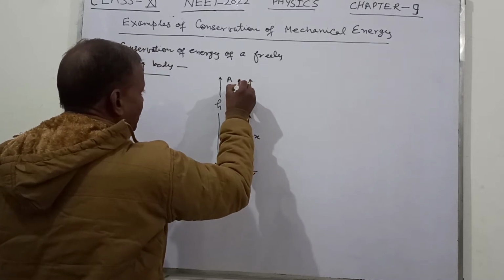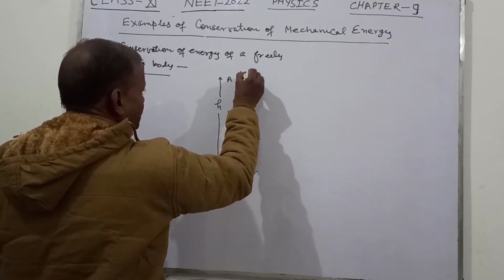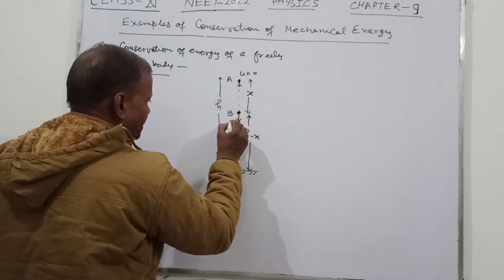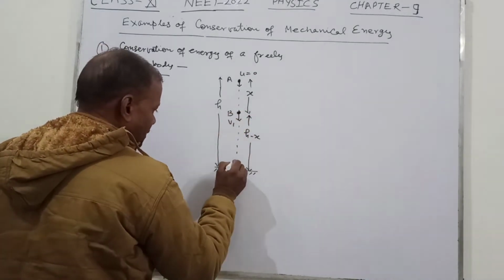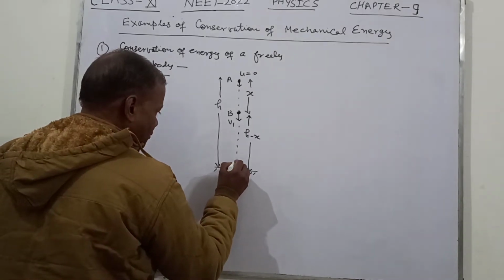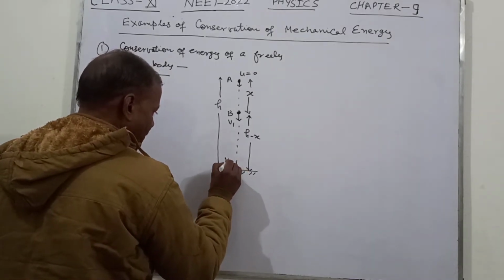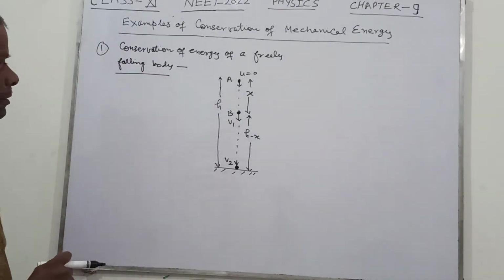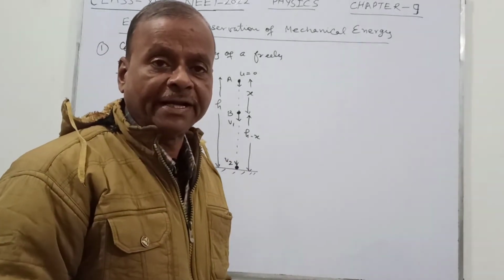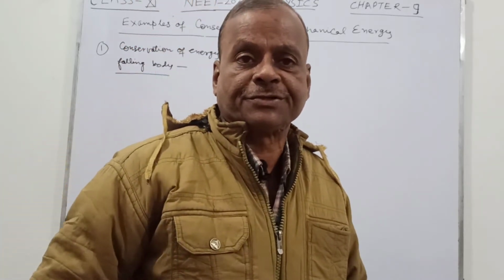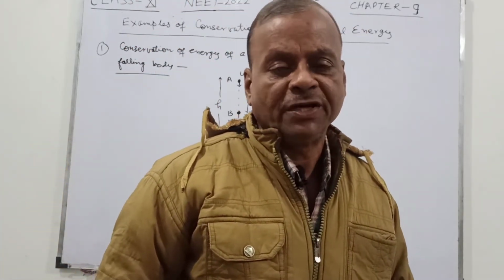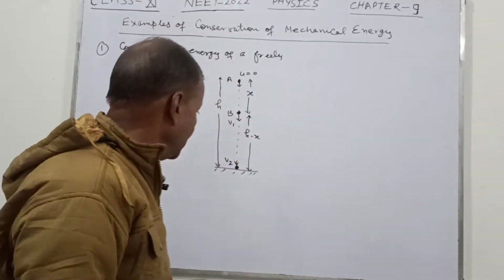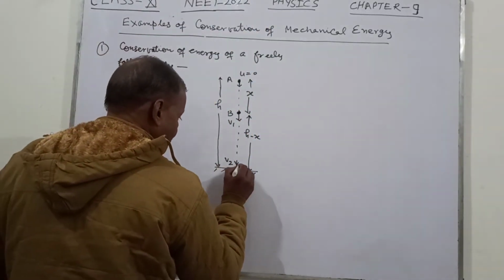Here this body is falling freely, so its initial velocity is equal to 0. Let here the velocity be v1 and here the velocity is v2. So when the body falls from height h, it passes through a number of points. So we are considering only the 3 points A, B and last this point C.